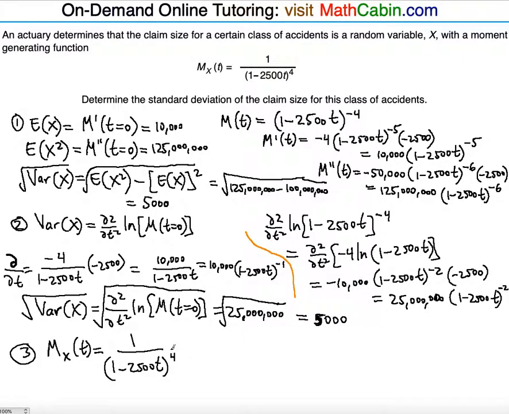Notice that the mean is going to be the product of this 2500 and the 4, these two constants. The variance of this is going to be 4, this constant, in the power, multiplied by the square of this constant.